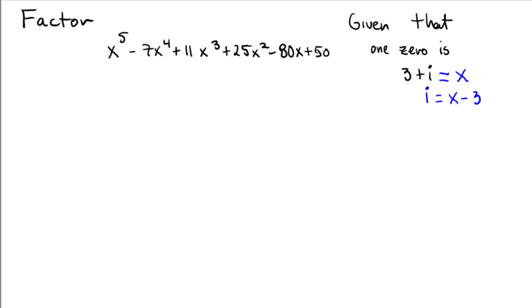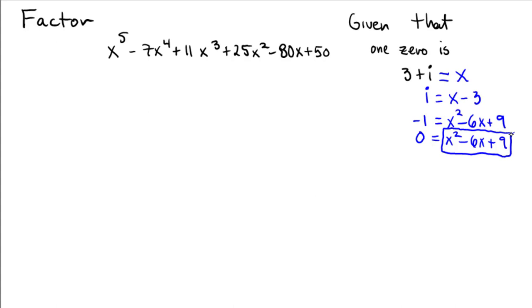Then square both sides, and i squared is equal to negative 1, and x minus 3 squared is x squared minus 6x plus 9. And then simply add 1 to both sides so that 0 equals x squared minus 6x plus 9. And this particular quadratic will have zeros of 3 plus i and the guaranteed 3 minus i by the complex conjugate theorem, since all of the coefficients are real.